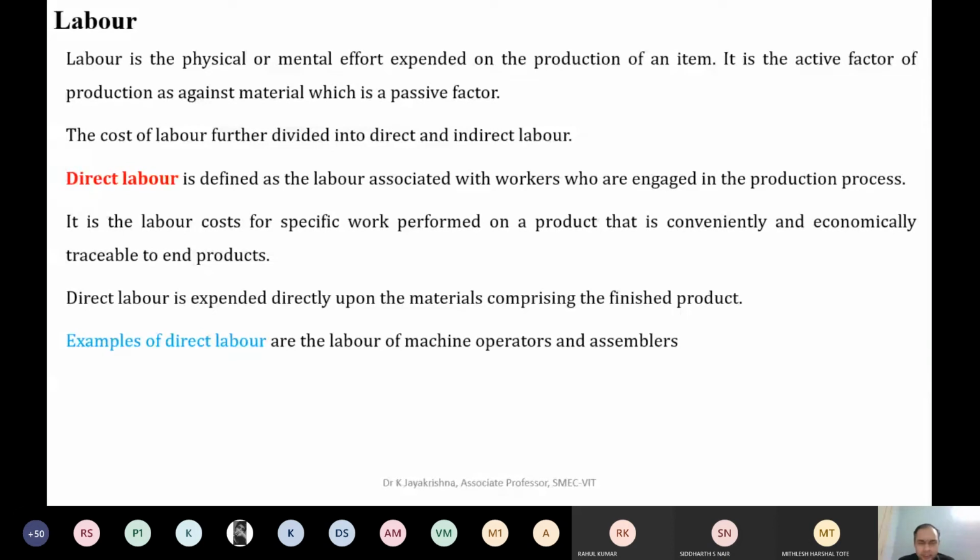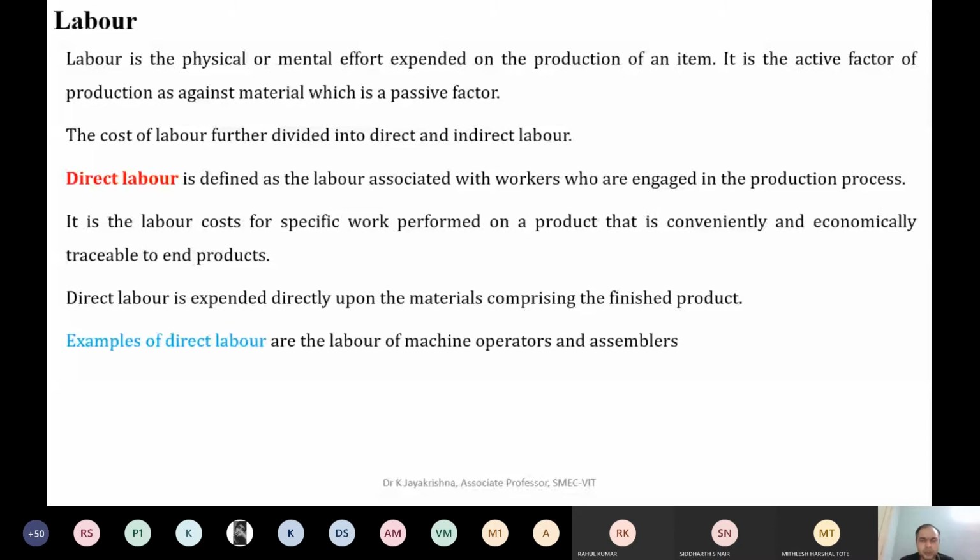In a construction activity, all the labors working there are direct labors. In a school, all teachers are direct labors. In a software company, all software employees involved in coding and other things can be called direct labors.